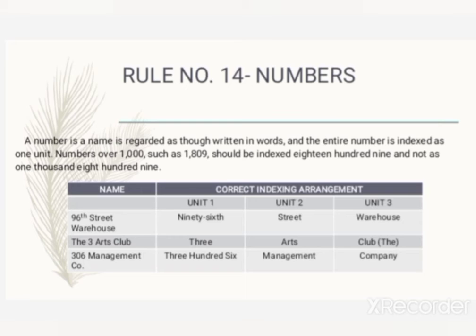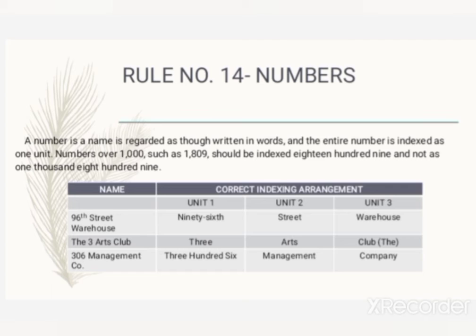Rule number 14. Numbers. A number in a name is regarded as written in words, and the entire number is indexed as one unit. In this rule, the number should be indexed in words. So, for example, 96 Street Warehouse.